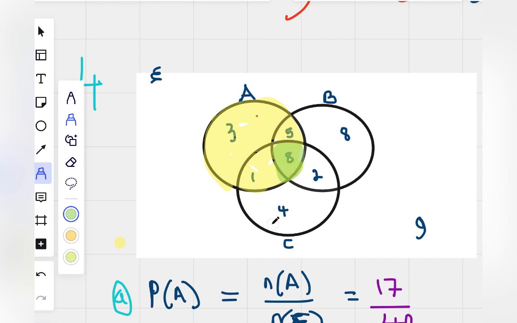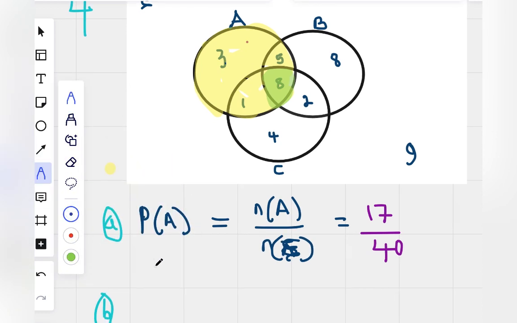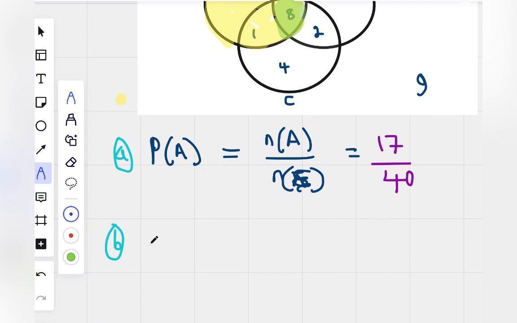Because the question says we should find P of A intersect B intersect C. P means probability.